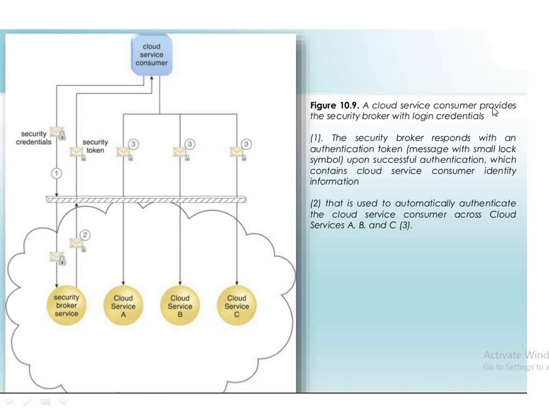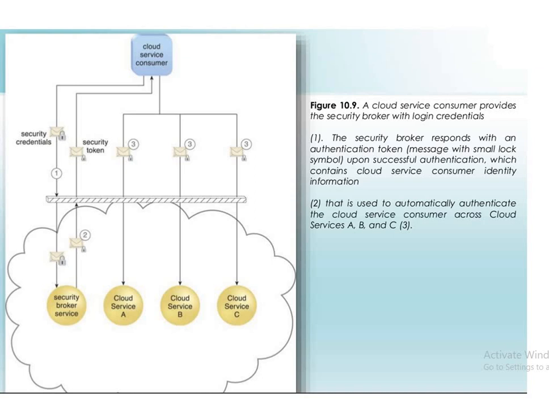A cloud service consumer provides the security broker with login credentials. The security broker responds with an authentication token, a message with a small lock symbol, upon successful authentication, which contains the cloud service consumer's identity information.